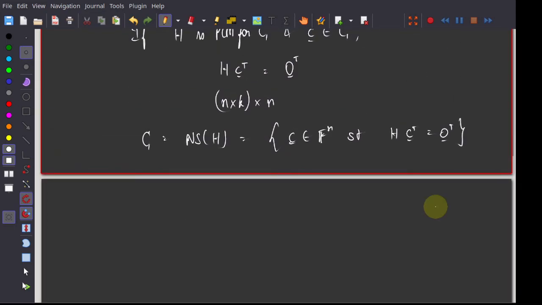Using this, I want you to show that H should be an n minus k cross n matrix, assuming that H is full rank. Linearly independent vectors.